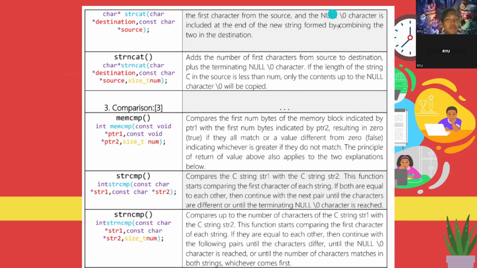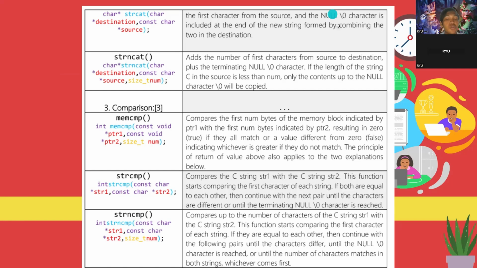And then strcmp. strcmp compares C string 1 with C string 2. This function starts by comparing the first character of each string.